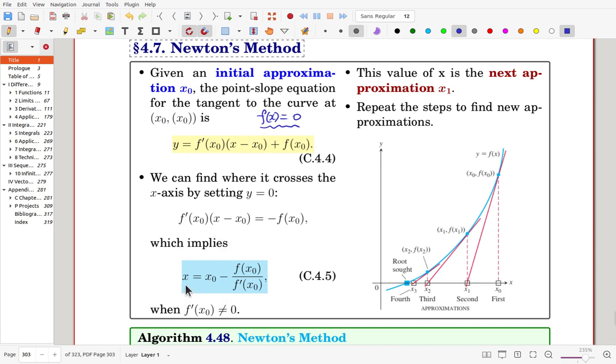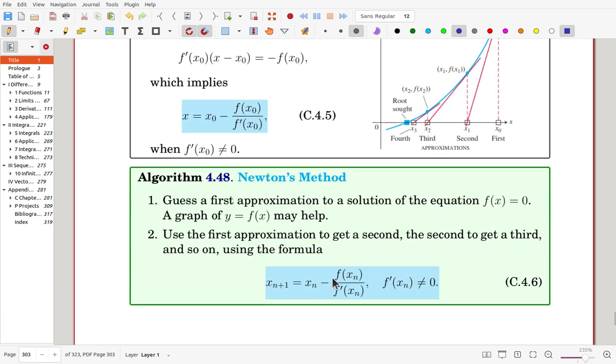Then that point, we'll say, is x1, the improved, updated approximation. And we'll do this computation again and again. From this one, we make the tangent line, again find the x-intercept, and that's called x2, and again go to the graph, tangent line and x-intercept.